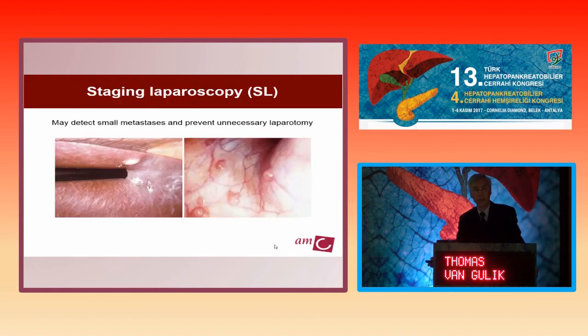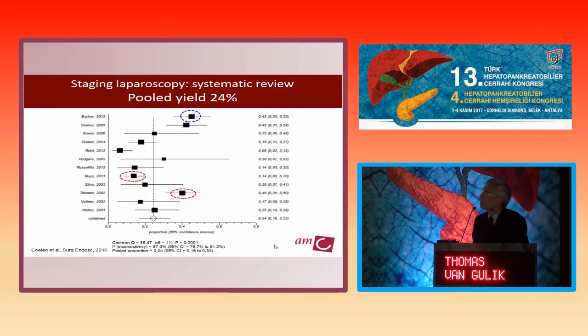Now, what is the role of staging laparoscopy? The idea is that with your laparoscopy, you define these small metastases on the diaphragm or on the contralateral side, which precludes a resection. Now, we've been doing that routinely for some years, but we've seen that the yield is coming down.